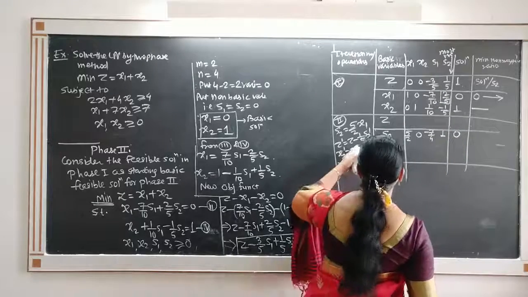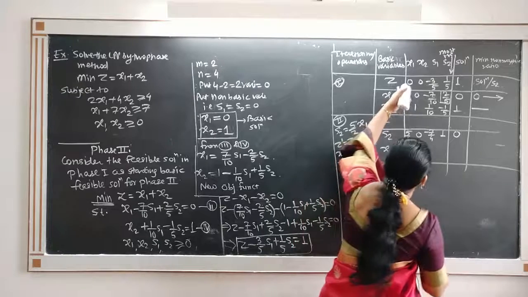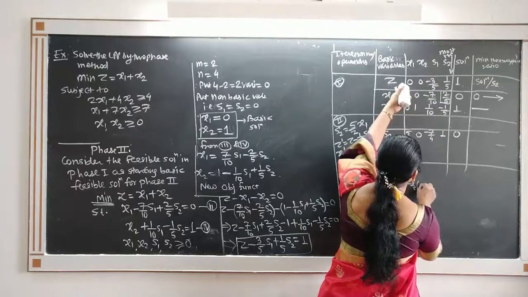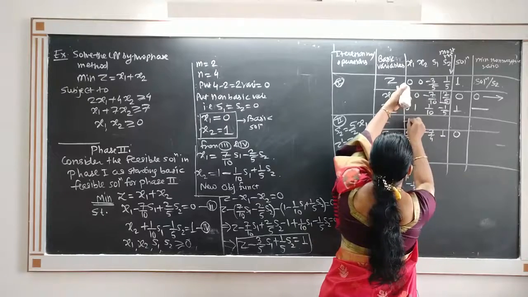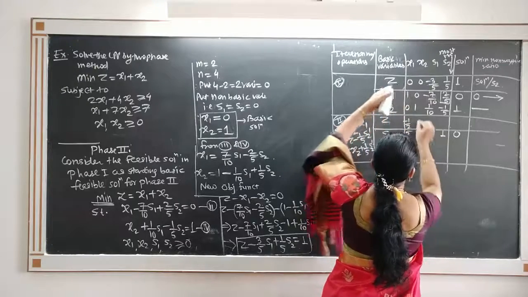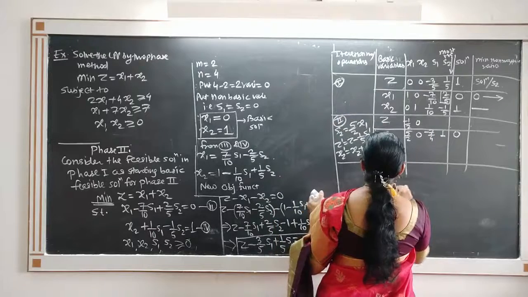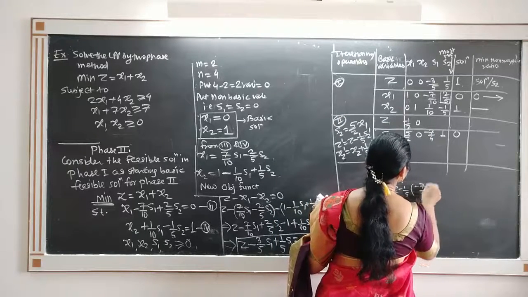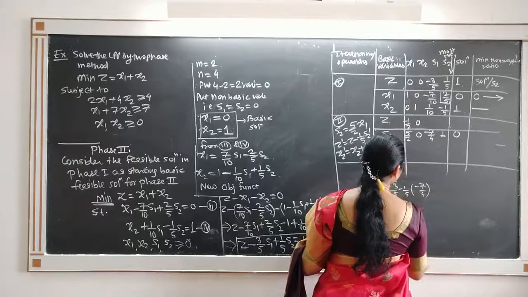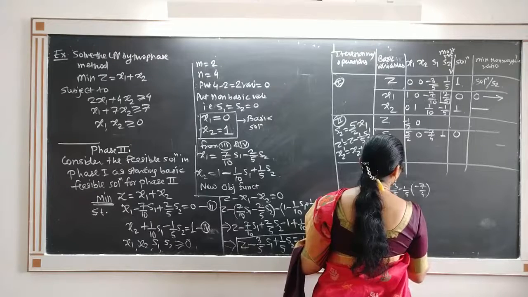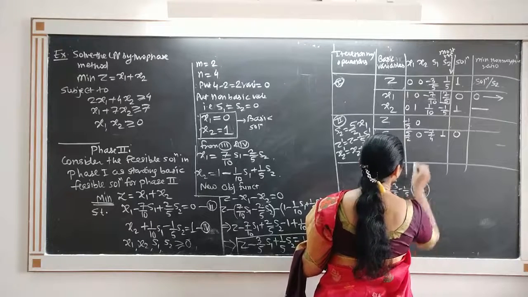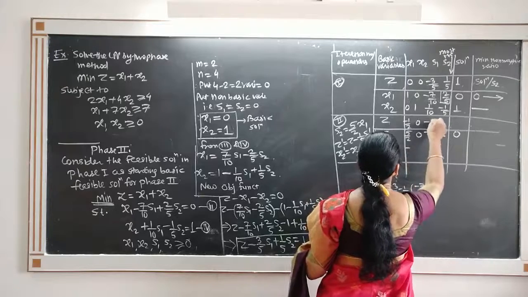Now Z row minus 1 by 5. So this 0 minus 1 by 5 times 5 by 2 gives minus 1 by 2. 0 minus 0, 0. Minus 3 by 5 minus 1 by 5 times minus 7 by 4 gives minus 1 by 4.